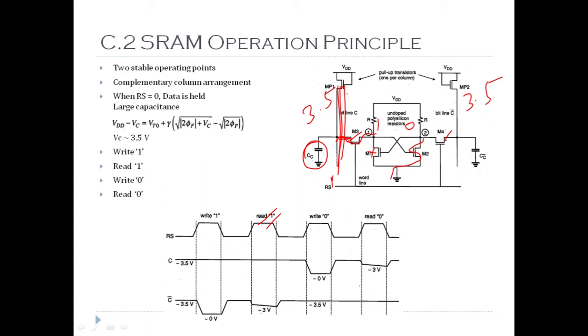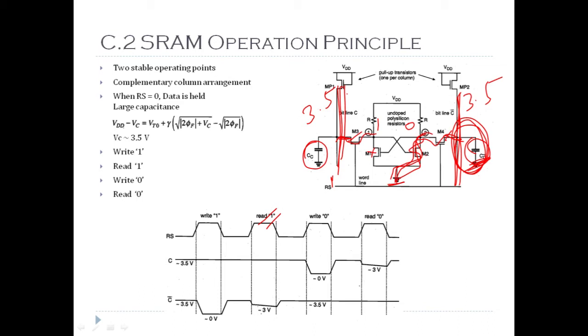Here the effective capacitance of this bit line, CC bar, is connected to 0 volt, so it is connected to ground. We try to discharge this capacitor through M4 and M2 to the ground, but because the capacitance value of these lines is very large, the RC constant is very large.